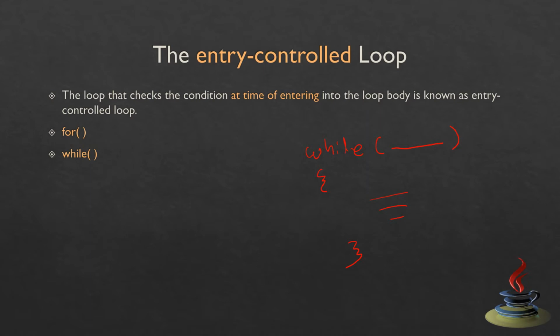So when the program comes to the while loop, it first checks this condition, and only then the loop body will execute. This is your loop body. So it checks the condition first. That means at the time of entering, it checks the condition first, and only if this condition is satisfied, the body of the loop is executed. That is your entry control loop.